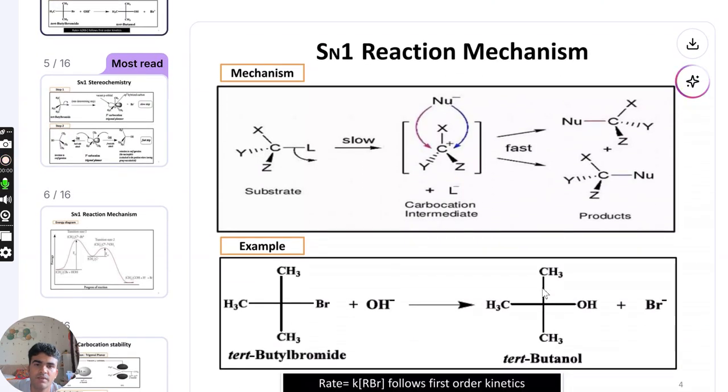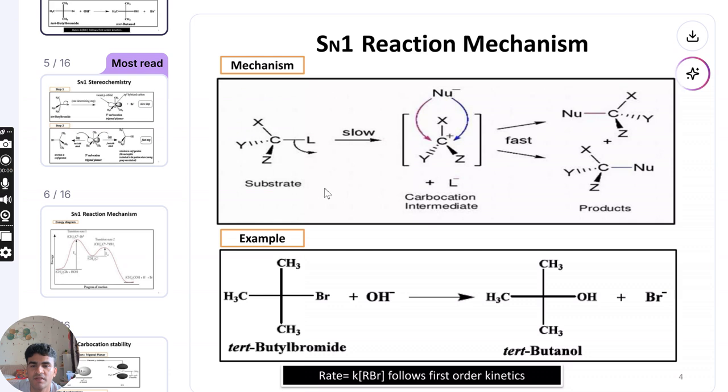So here is the mechanism of the SN1 reaction. First, the substrate. This is a two-step process. In the first step, the Cl, the leaving group, will depart and it will form a carbocation.